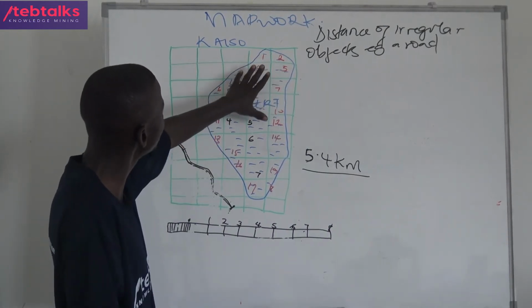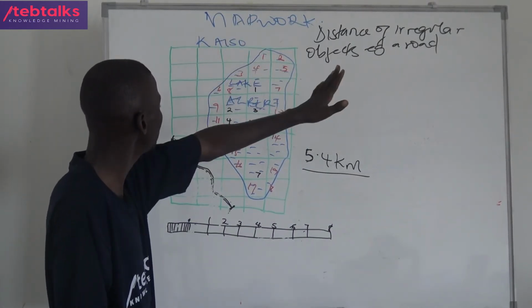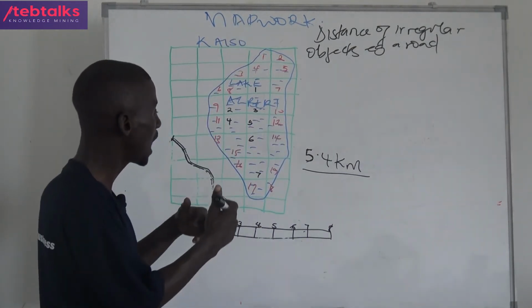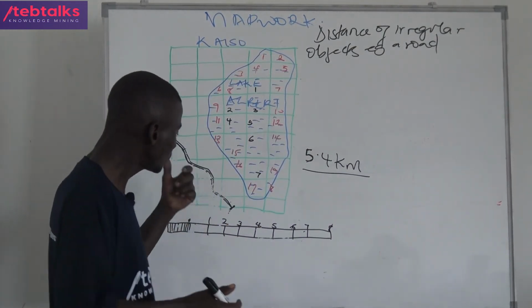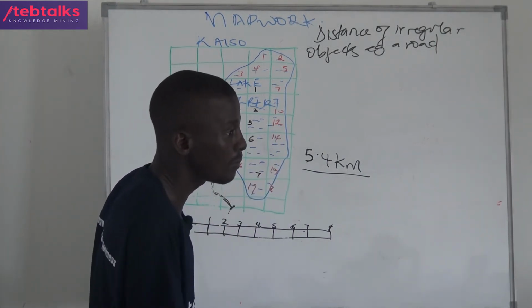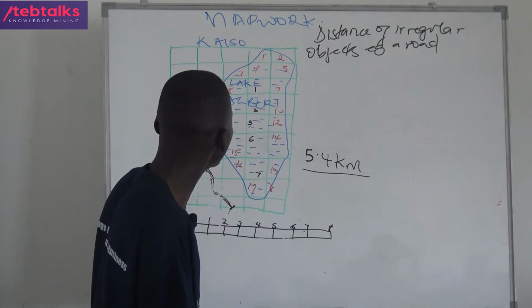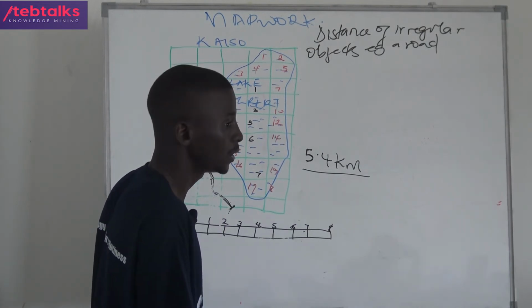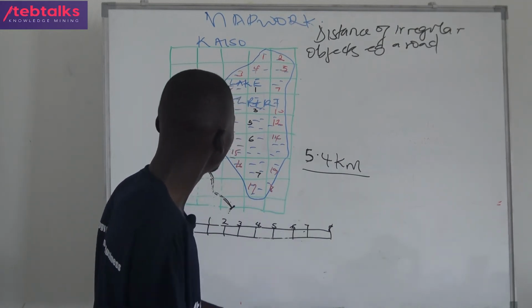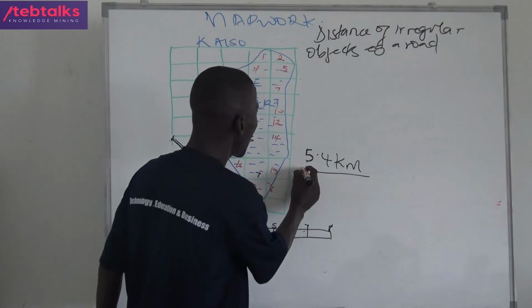With the area, you count the small squares, write them somewhere, count the number of full squares, write them somewhere, add them together. Remember, the small squares are usually divided by 2, then you get the sum, and then your answer is stated in area in kilometers squared. Then for distance, it is only stated in kilometers alone.